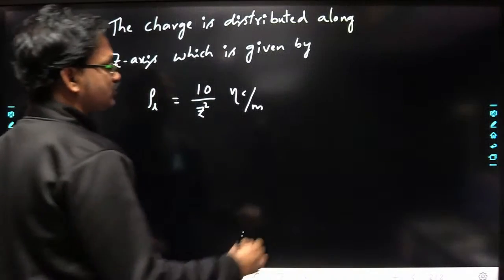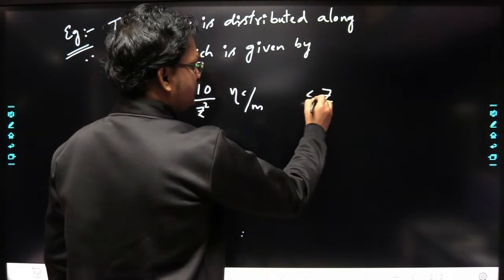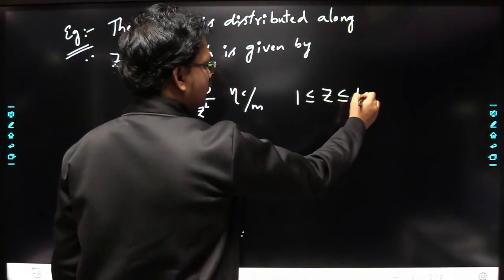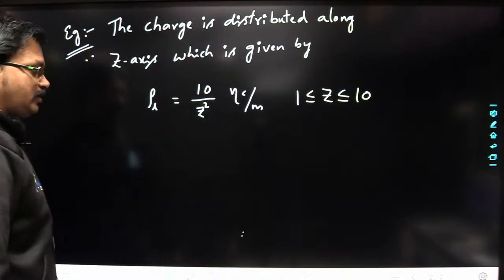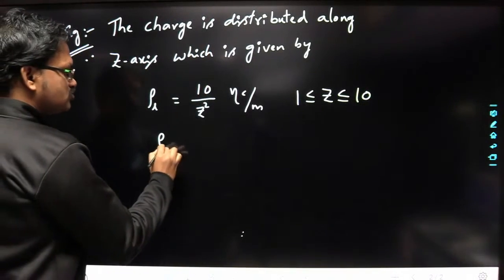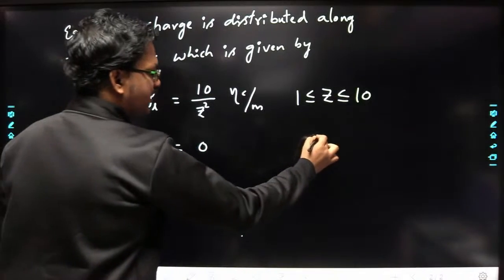The charge is distributed along the z axis, which is given by rho L equal to 10 by z square nanocoulomb per meter, for z varying from 1 to 10, and rho L is equal to 0 elsewhere.